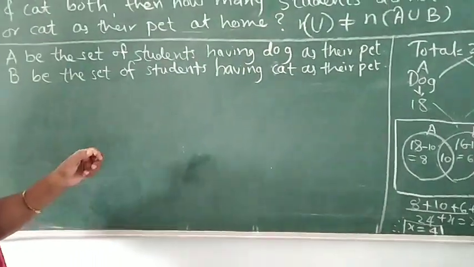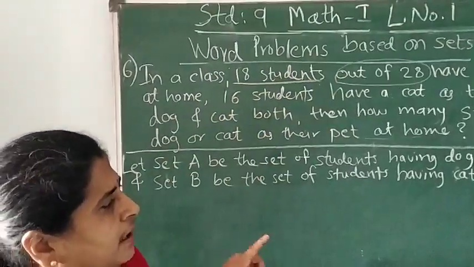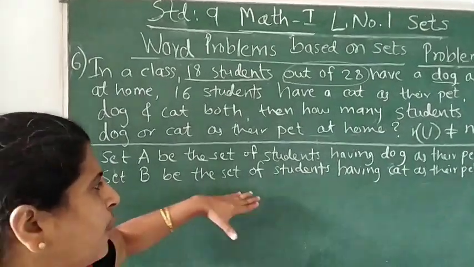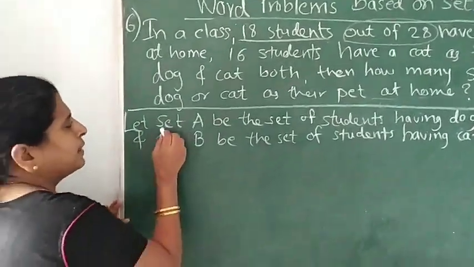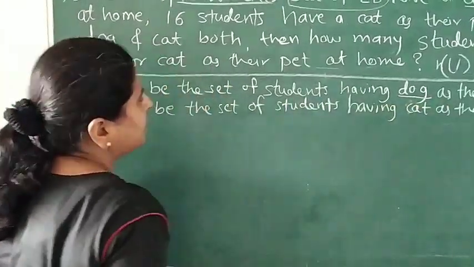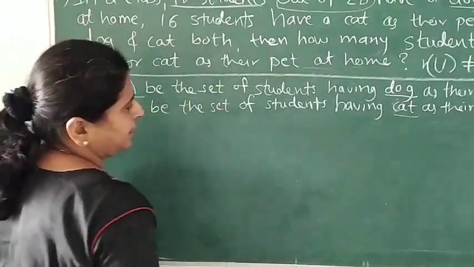But how can we solve it with the help of sets? This is just to understand, and by understanding this, we will see how to write it using sets. Here we have defined set A as the set of students having a dog as their pet and set B as the set of students having a cat as their pet.